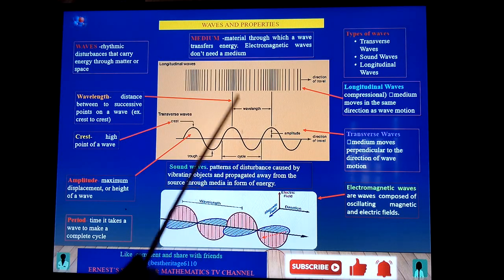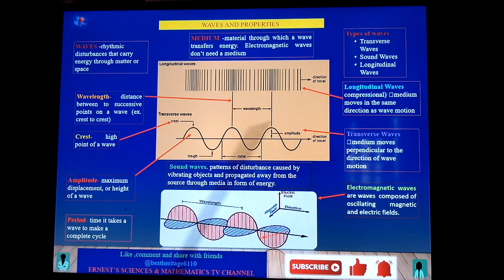Now, we're going to heavily rely on this lower part of transverse waves, which will assist us in analyzing various applications of waves, especially in electricity and magnetism, and some other areas that we're going to mention later. For longitudinal waves, these are waves consisting of compressions and rarefactions.